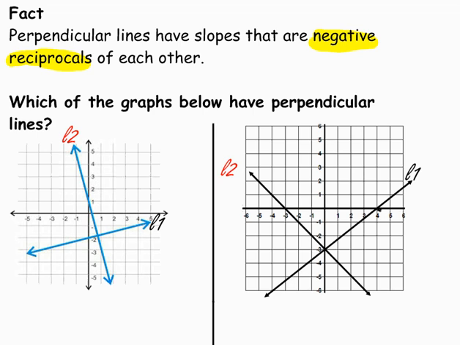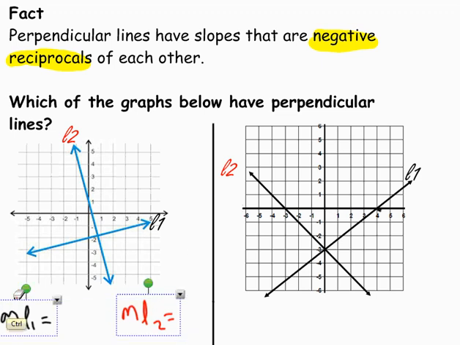So using my tips, you should find the slope of line 1 and the slope of line 2 for each graph. So why don't you pause the video and figure out for me those slopes for each graph. So pause the video and see if you could do that for me.